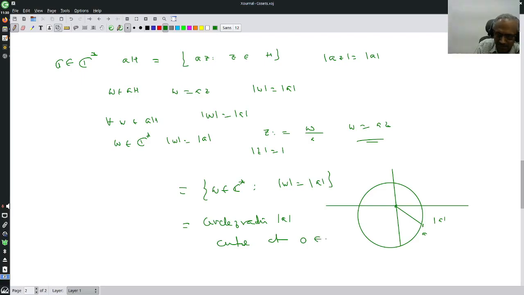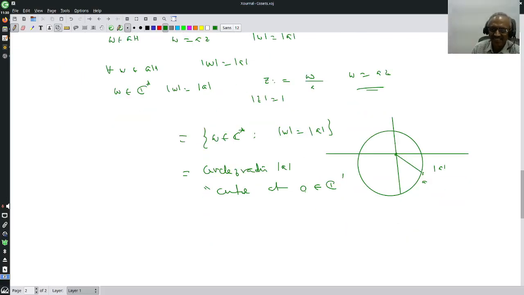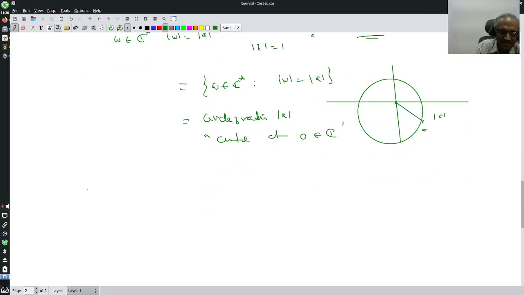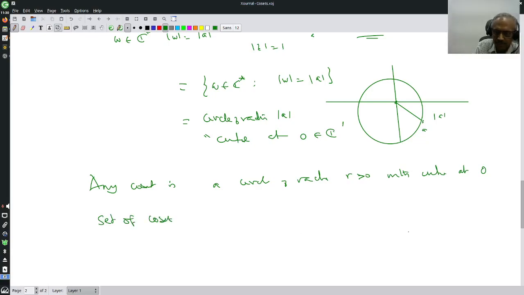Remember, the origin is not a point of G. This is just for us to understand geometrically. So any coset is a circle of radius r positive with the center at the origin. Now what is the set of cosets? Now you can see these are all parallel lines.